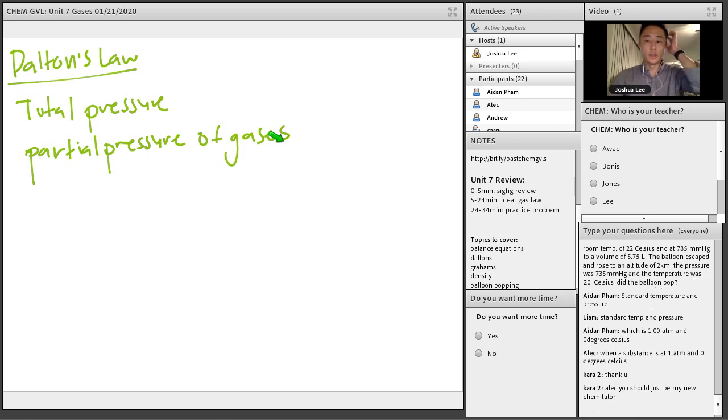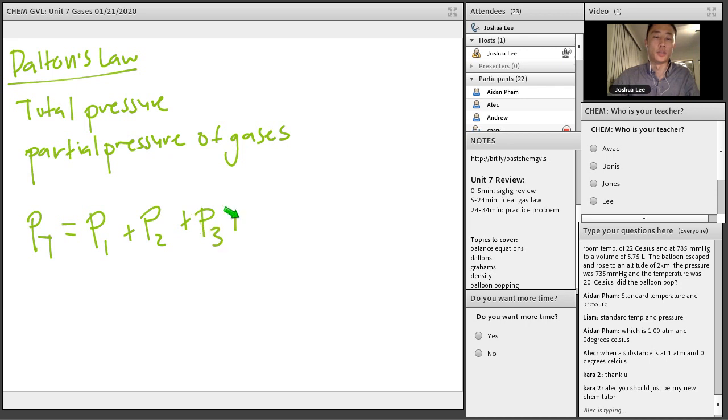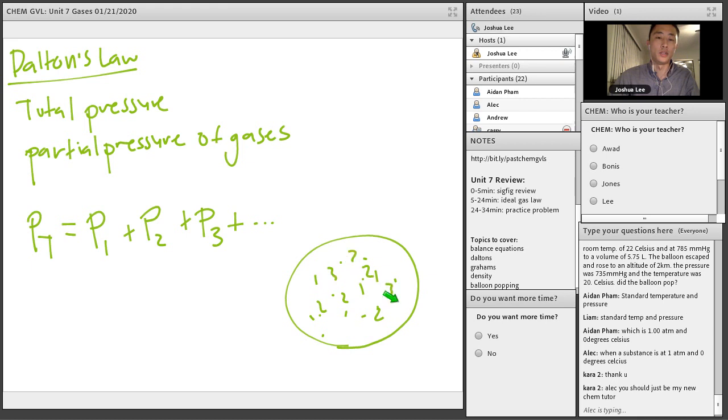So Dalton's law would be like pressure total is going to be the partial pressure of gas 1 plus partial pressure of gas 2 plus partial pressure of gas 3 plus yada yada yada. That just means in a container, if you have a bunch of different gases, if you add up all of their individual pressures, that's going to add up to the total pressure of the entire container.